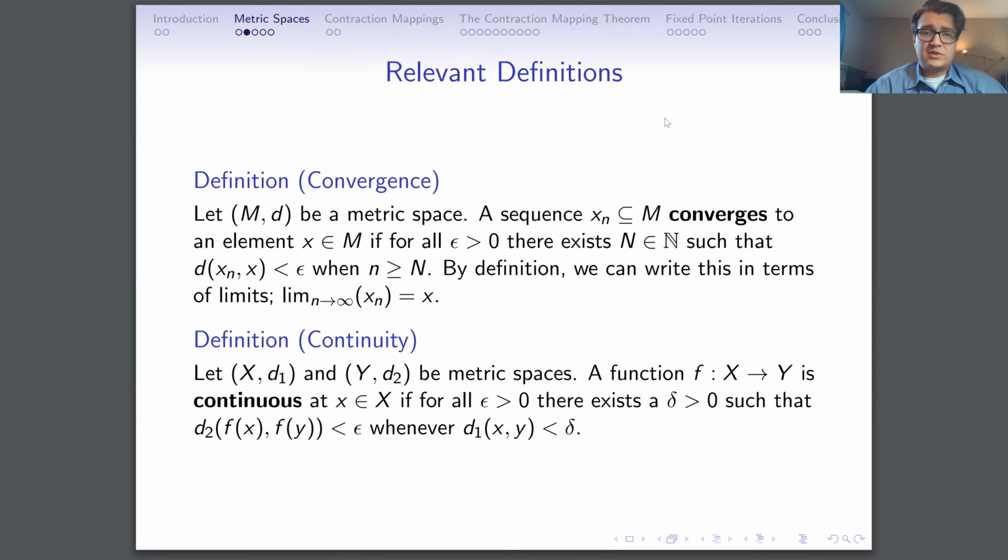So these definitions aren't necessarily foreign to those who have studied real analysis before, but these simply extend those concepts up into metric spaces in general, right? And so as far as continuity goes, you have to be more specific about what your metrics are, because between your spaces, they might not necessarily be the same. But as far as the reals go, it should be the same.